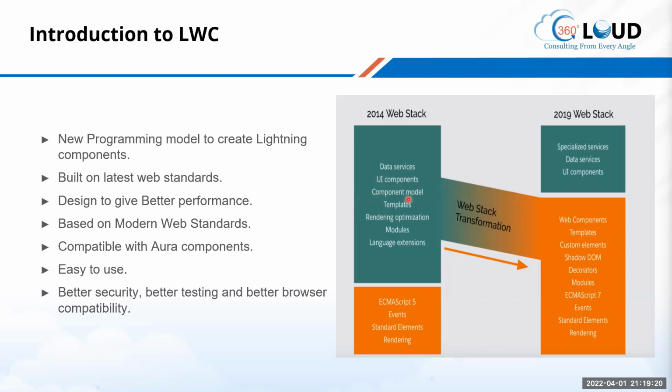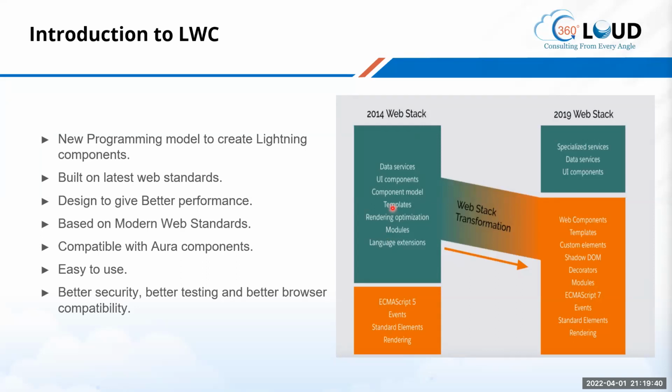So we have to use a component model and a template in our component, Aura component or React.js, anything. There was also a lack of rendering optimizations, and certain other things were missing.